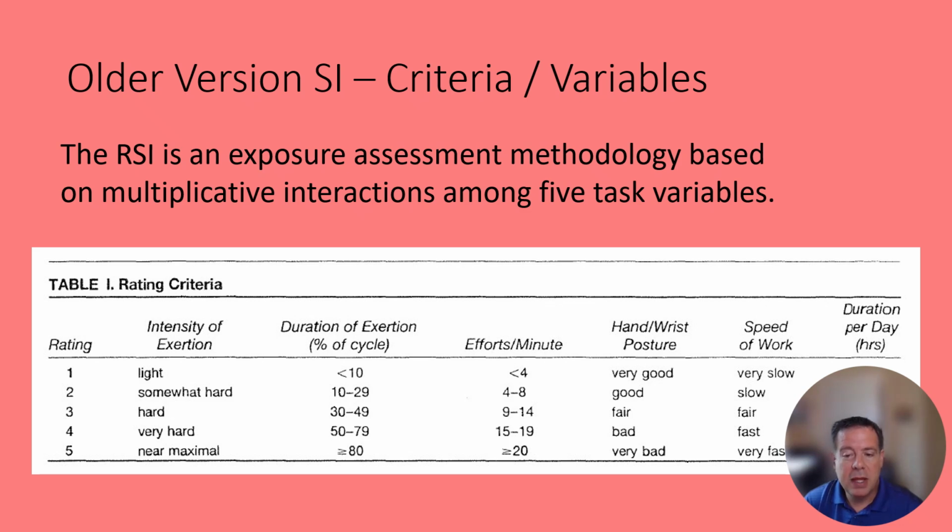Good would be very straight, not bent at all. Very bad is fully flexed, or extension, and the same goes for radial or ulnar deviation. Speed of work is based on your judgment. Are they keeping pace? Is it self-paced? You could say very slow, or if a machine's going very fast. And then the duration per day, out of an 8 hour workday.